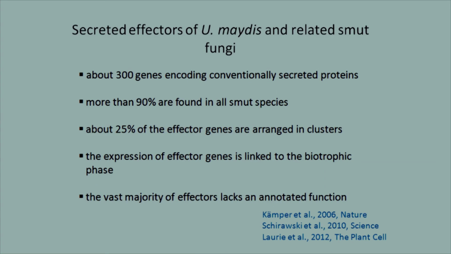The reason why we were so successful in picking up these genes from the genome sequence was that about 25% of the respective genes are arranged in clusters in the genome. And I should also emphasize that the expression of the effector genes is linked to the phase inside the plant. So some of these effector genes are already upregulated when the fungus is in contact, and others are expressed at later stages.